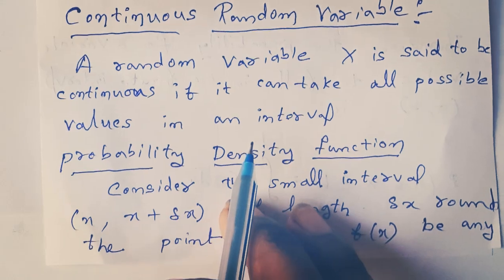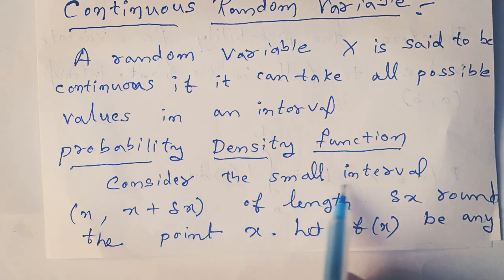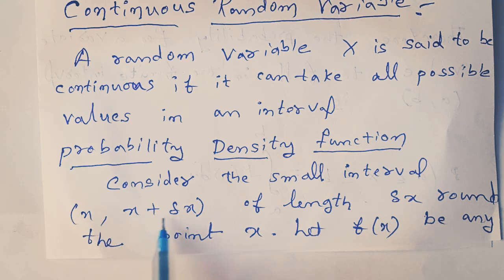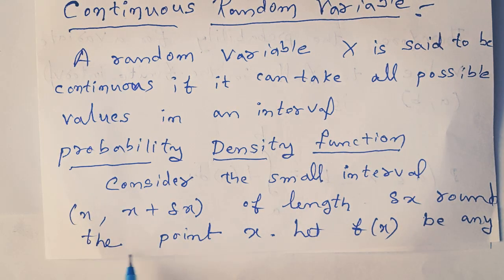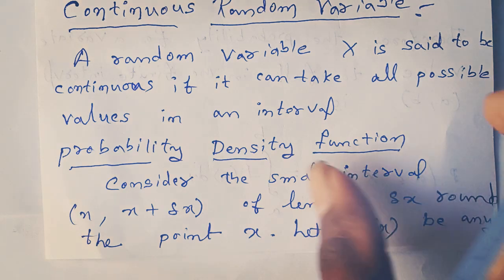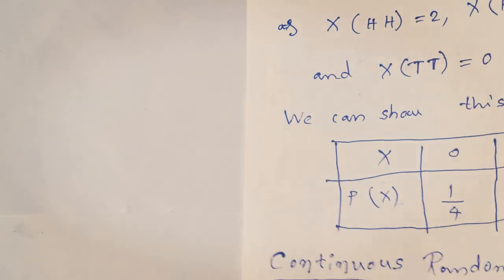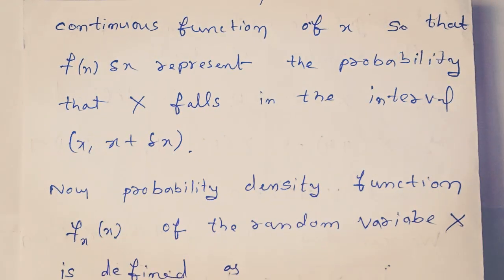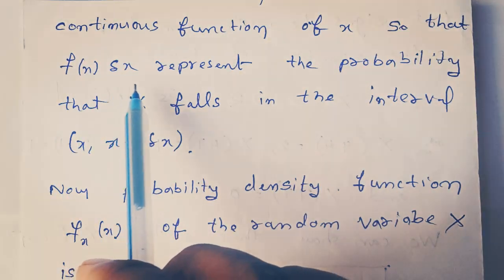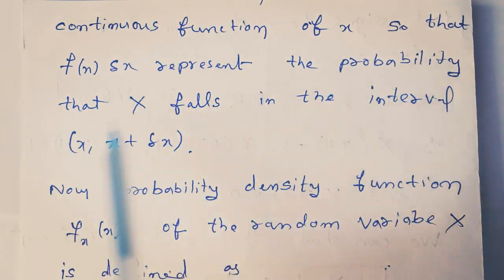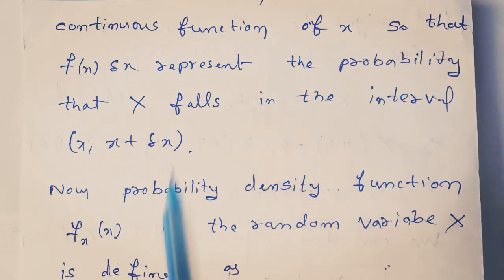Okay, now what is probability density function? Consider the small interval x to x plus delta x of length delta x around the point x. Let f of x be a continuous function of x, so that f of x delta x represents the probability that capital X falls in the interval x to x plus delta x.